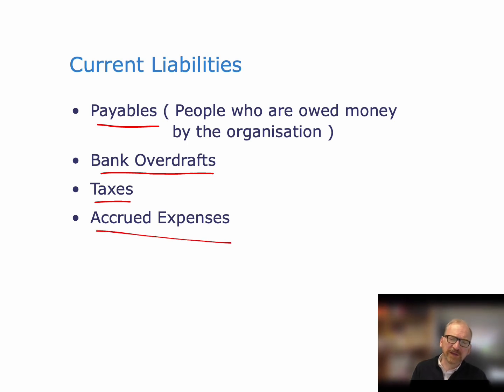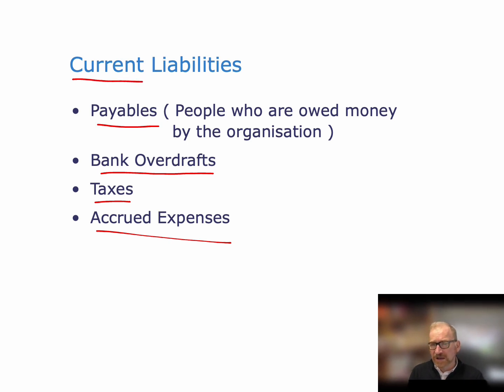Taxes. So we may owe some taxes in the short term before we pay them over to the revenue. And accrued expenses. These are the opposite of prepayments. This is where we have used up some services but not paid for them yet. So we may have used up some electricity or telephone services and not paid those bills yet, and those are shown as accrued expenses. Current means that these are short-term items.